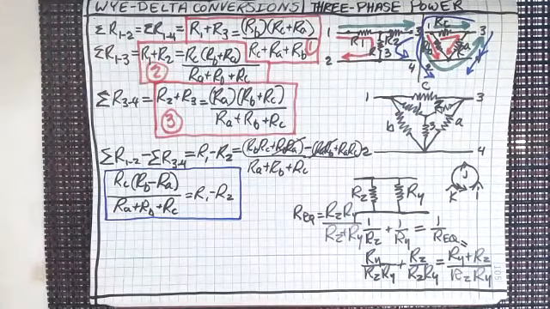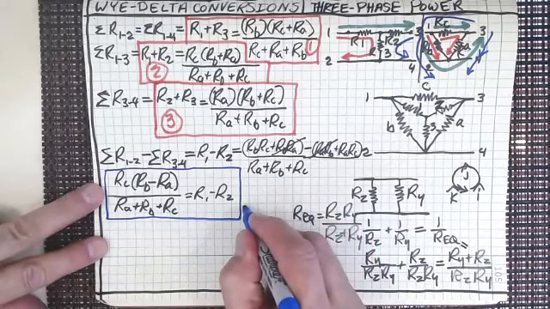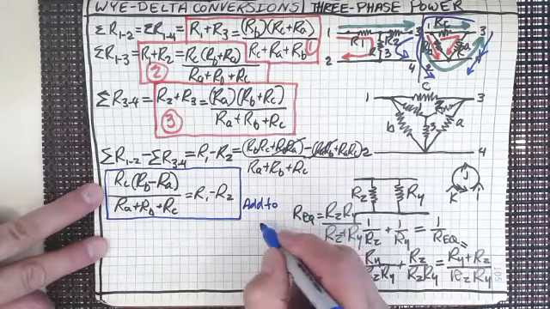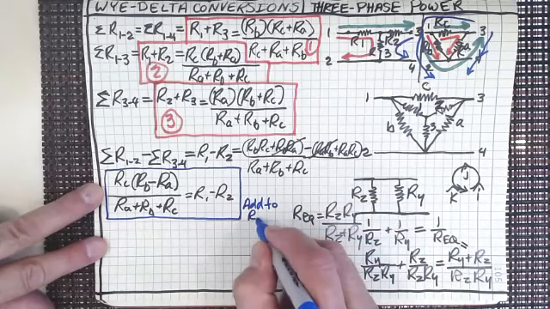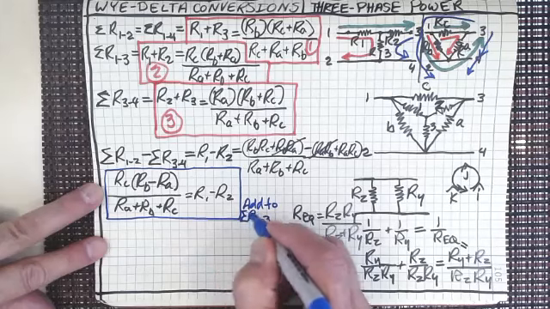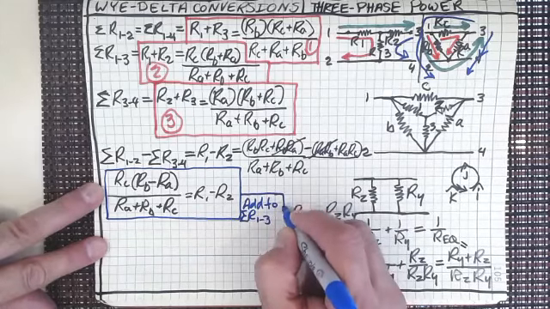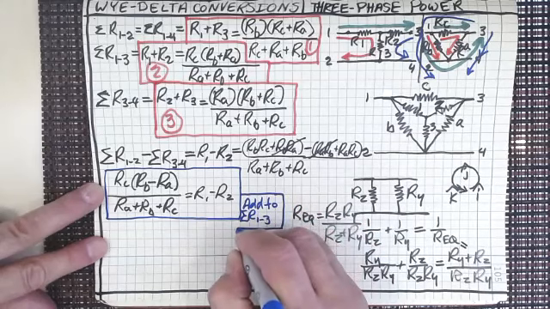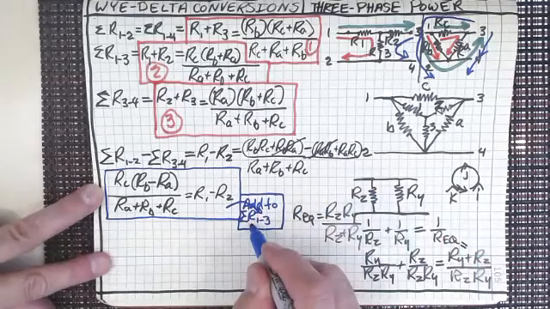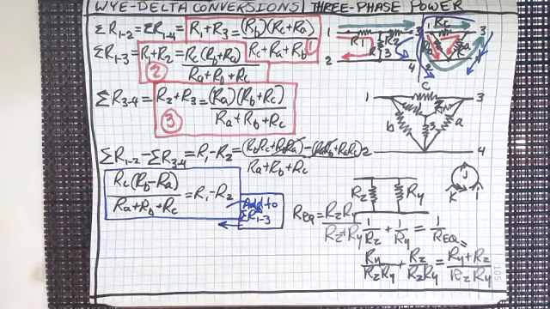So if I add those together, I'm just going to put add R1 to 3. Oh, forgot my summation mark, which I can't make very well anyway. And let's put a little arrow there as to what we're doing. So that's where we're going, and then we're going over here to finish that off.